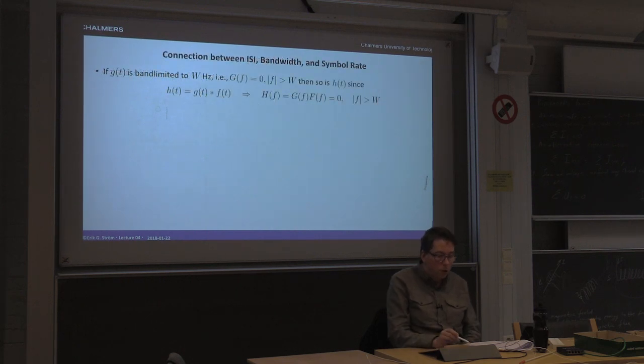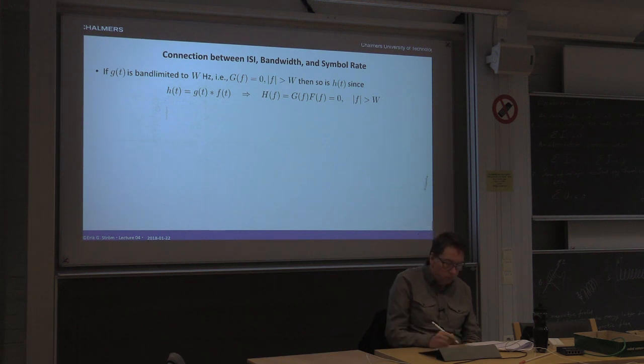Okay, so let's start with g. We pick a pulse g which is band limited to W. So your favorite band limited pulse. What does it mean? It means that the Fourier transform of g is 0 for all f greater than W.